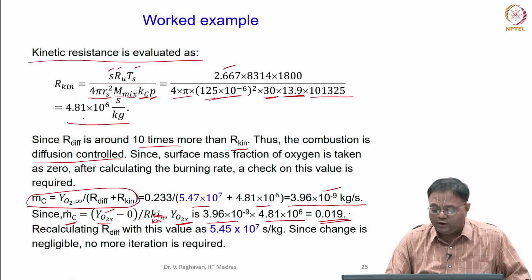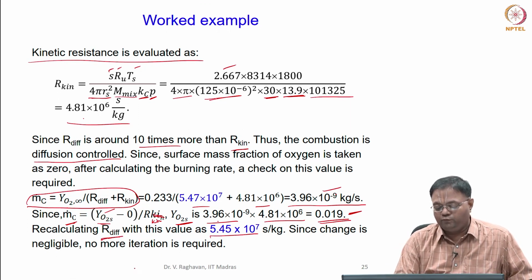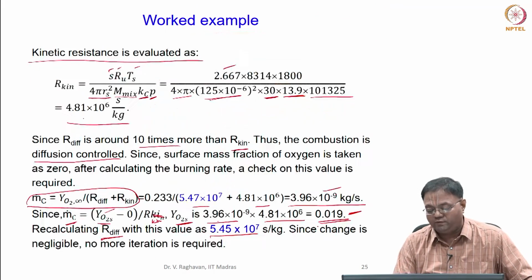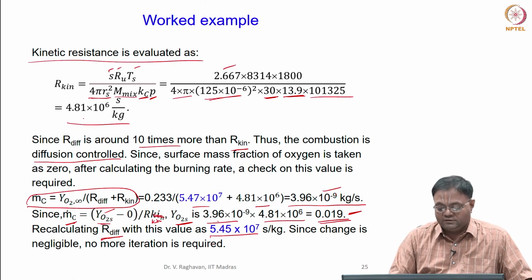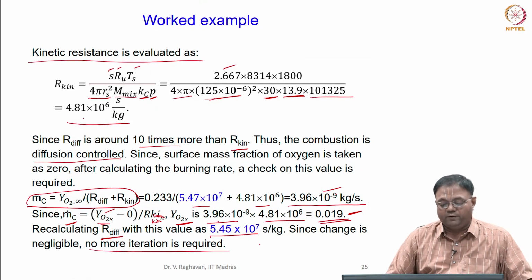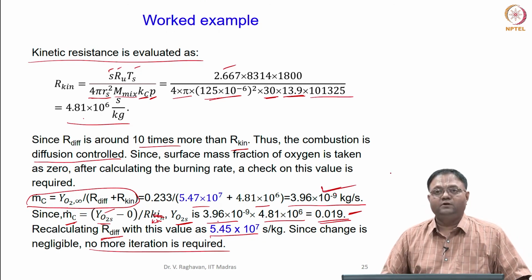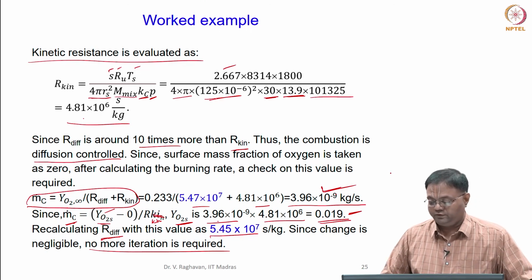Now we recalculate the diffusion resistance with this value of YO2S, that is 5.45 into 10 power 7. Previously I got 5.47 into 10 power 7. So that is only a little change. Since the change is negligible, no more iteration is required, so we can just leave the burning rate as this. That's enough. So this completes the worked example.